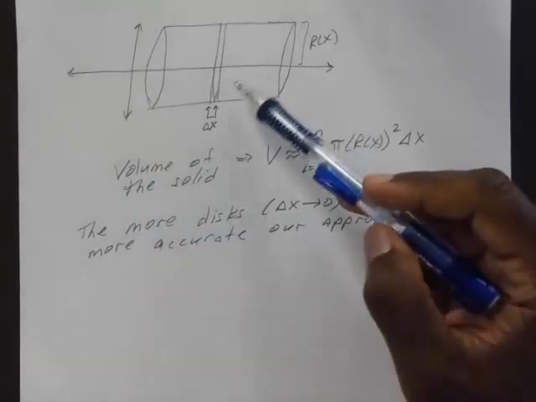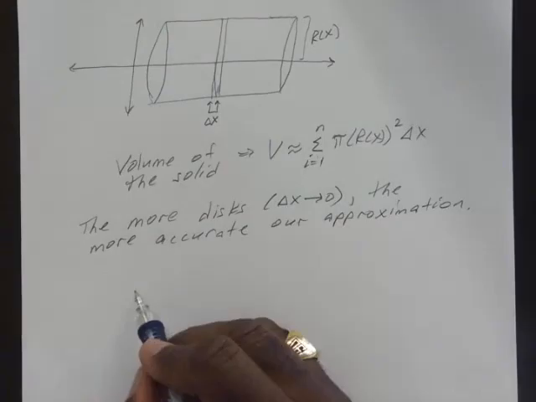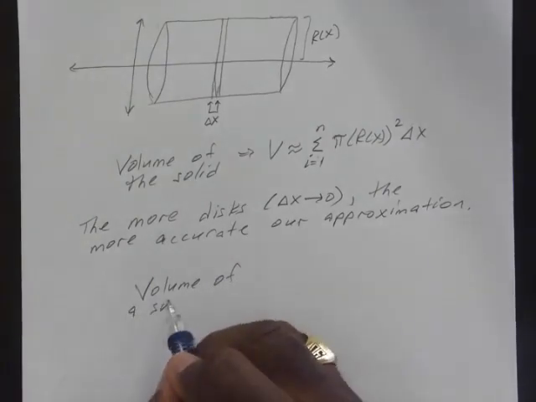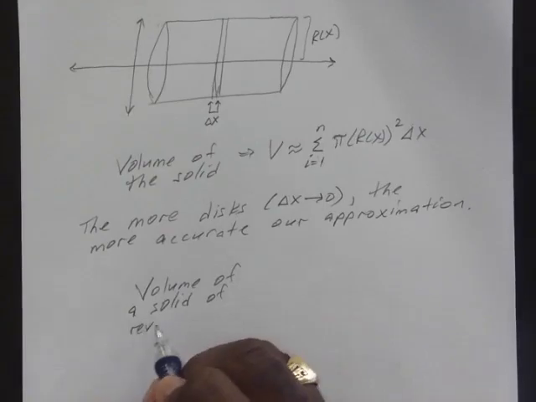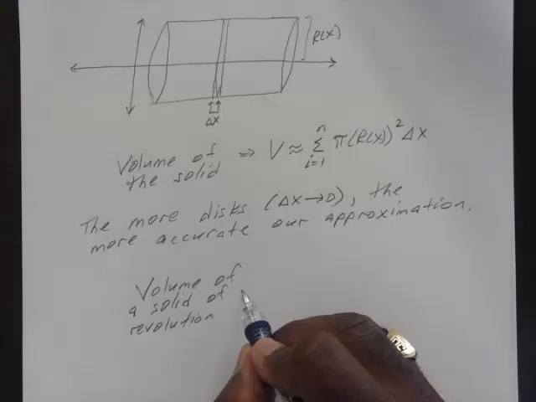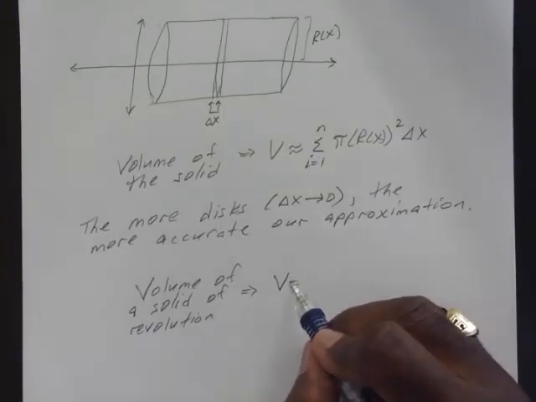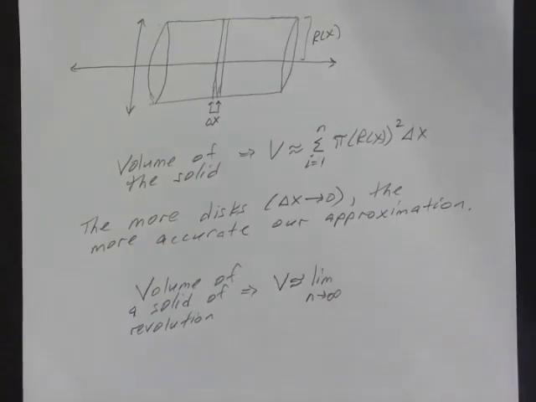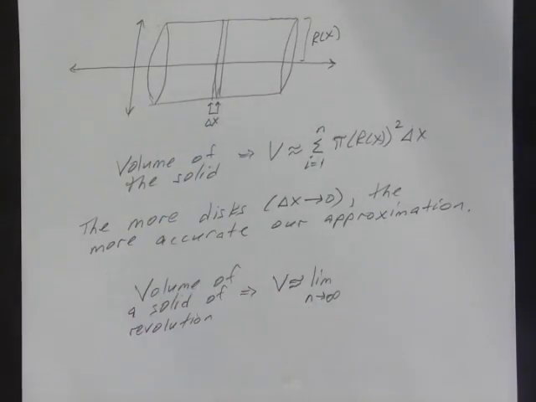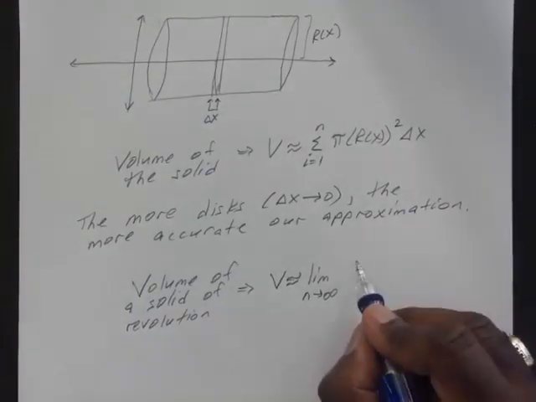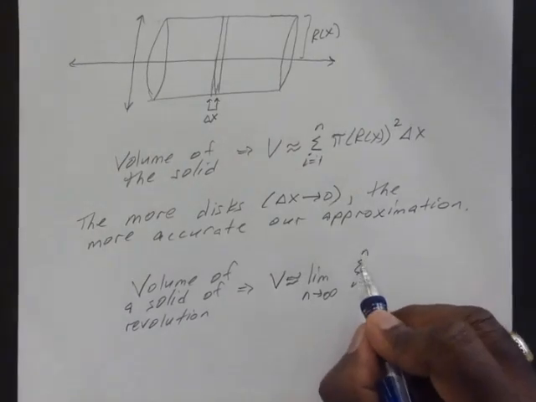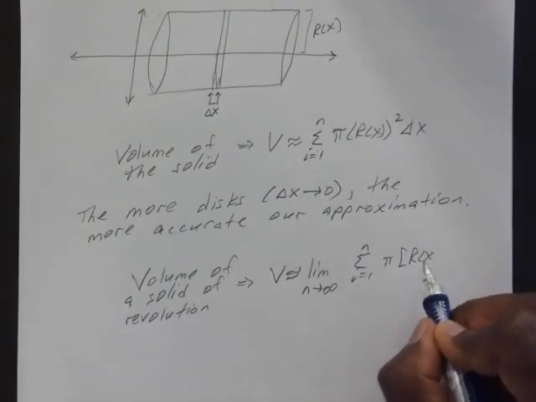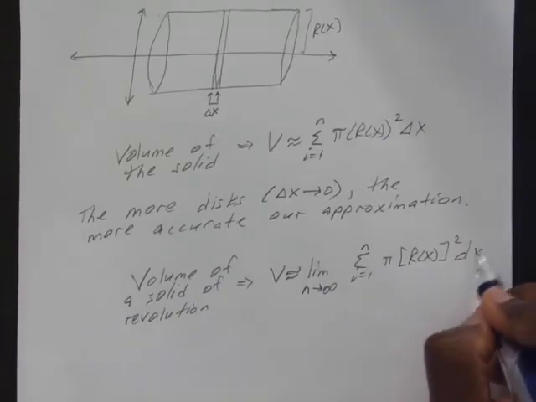Okay, so that means if we wanted to find the approximate volume of this cylinder, a solid of revolution, then that'll be approximately equal to the limit as n approaches infinity, because we want to get as many of those little disk slices as possible, of the sum from i equals 1 to n of pi times the radius function squared with respect to x.